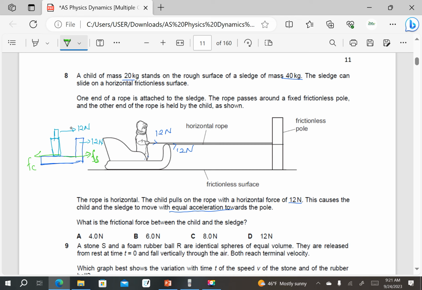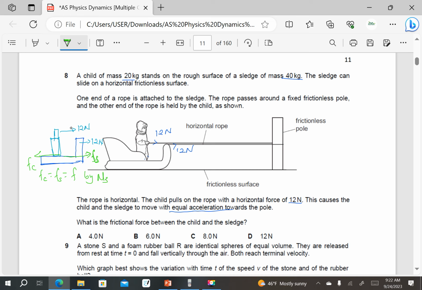By Newton's third law, these two forces are going to be equal, and I'm just going to represent them by F.